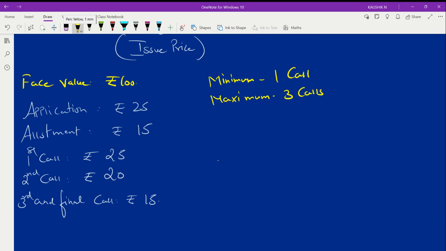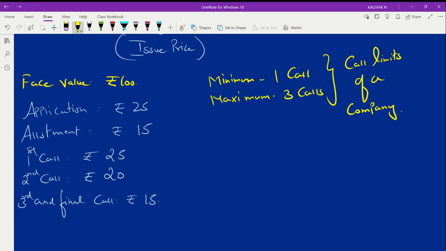These are the limits with respect to calls. So we call this the call limits of a company. A company can make a minimum of one call and a maximum of three calls.